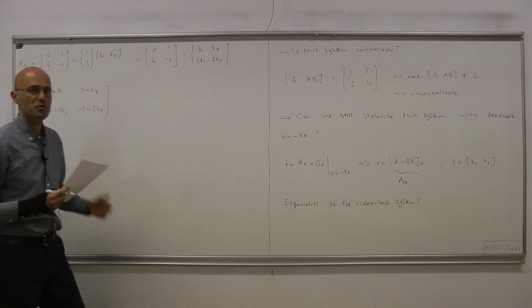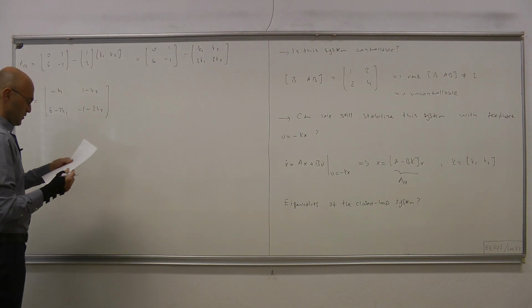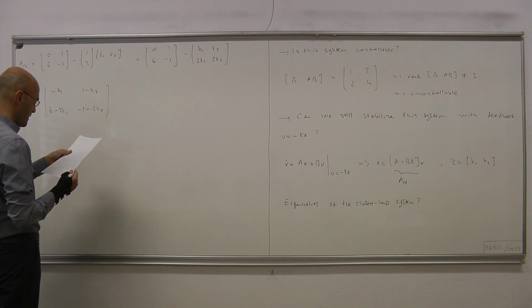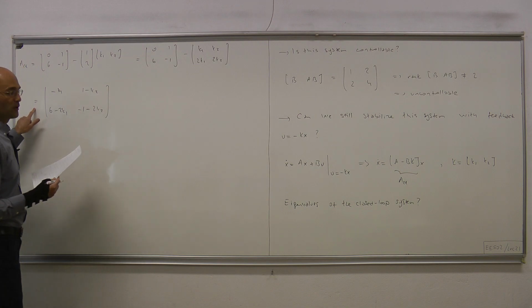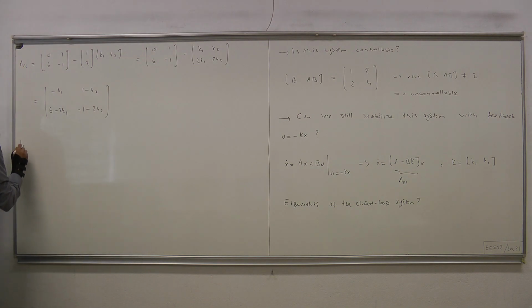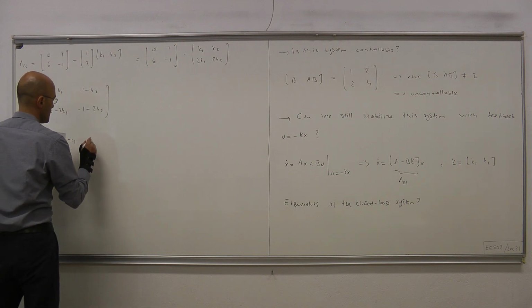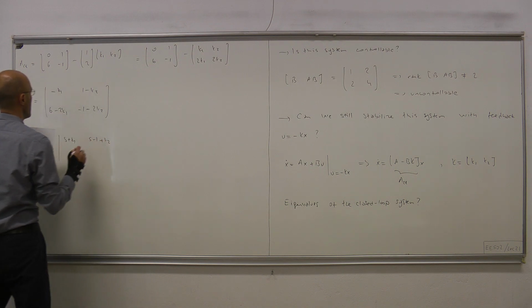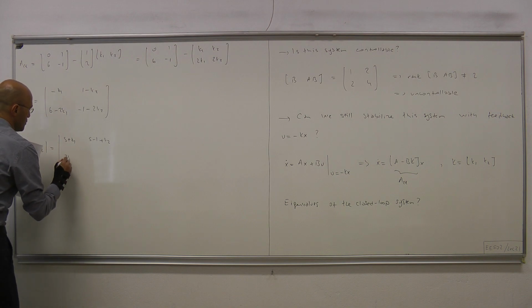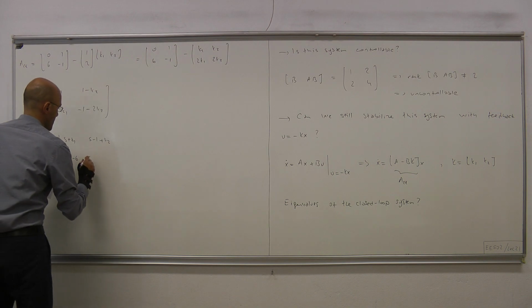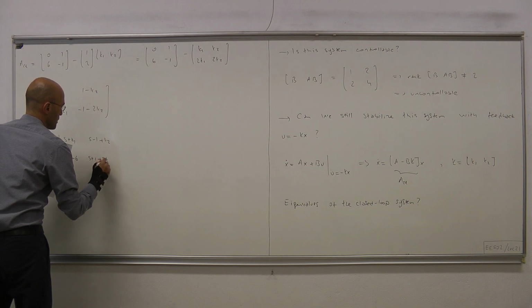So that's our closed loop system matrix. Let's figure out the characteristic polynomial corresponding to this. sI minus A closed loop is s plus K1, s minus 1 plus K2, 2K1 minus 6, and s plus 1 plus 2K2.